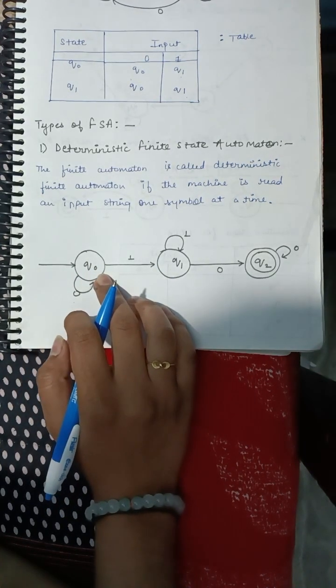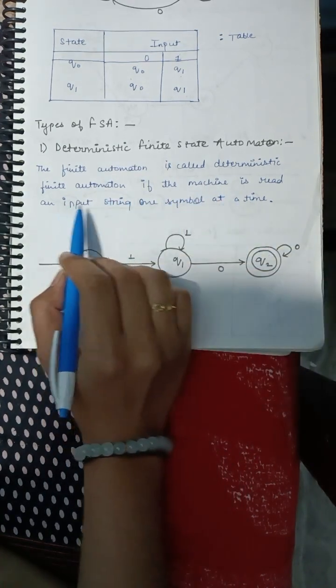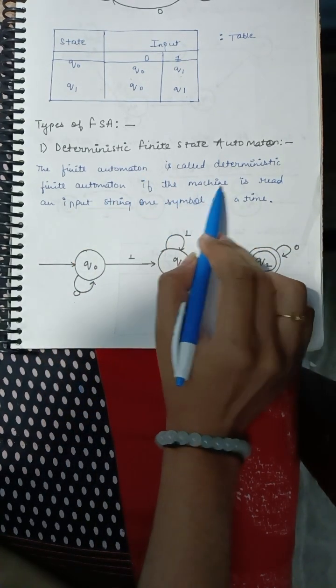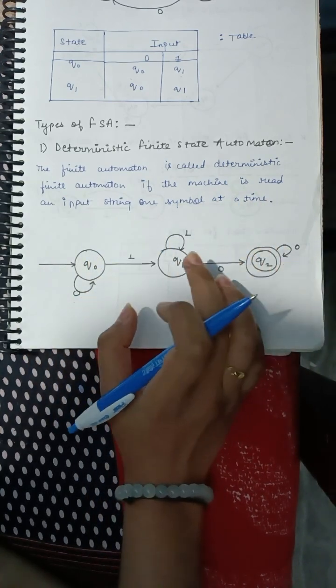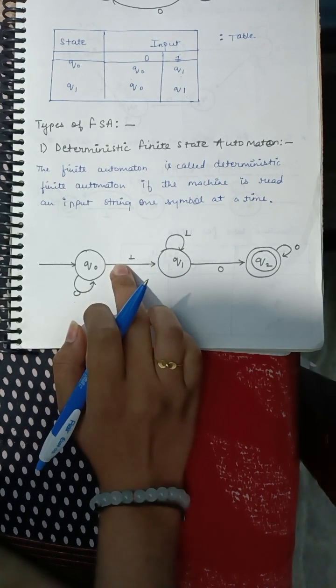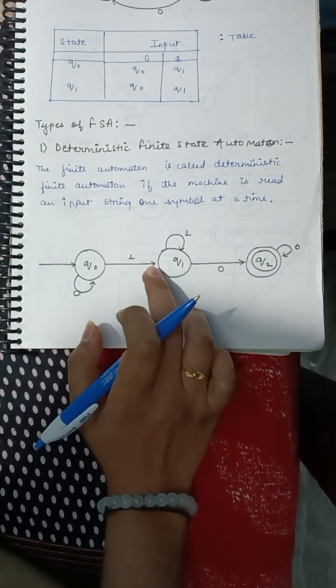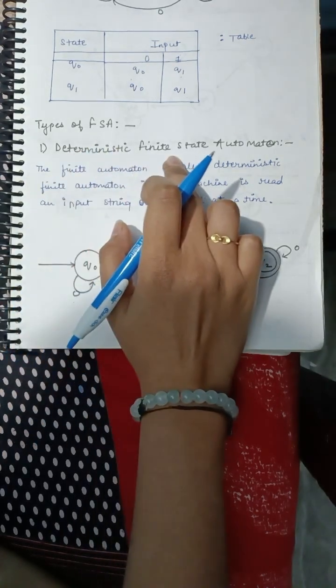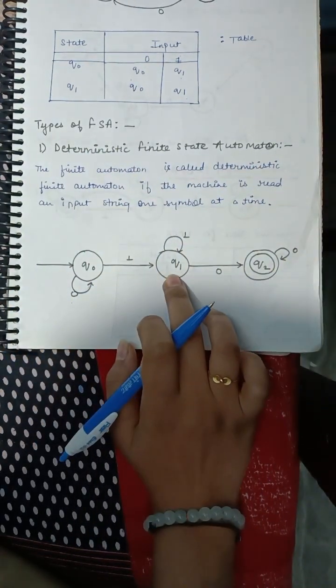Means at one time one symbol will represent only one value, that is the deterministic finite state automata, or DFA.